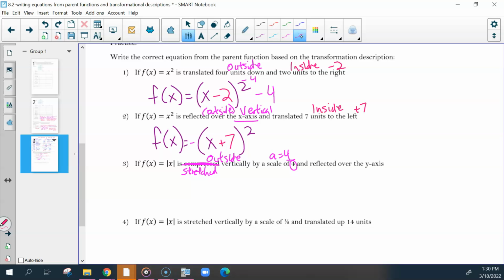And then it's reflected over the y-axis. Over the y-axis is going to be horizontal, so that's going to be inside. So this function is going to be f of x equals, the stretch outside would be times 4 times the absolute value of, we have it reflected over the y-axis, so that would be a negative x on the inside.